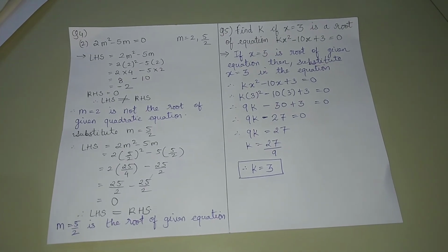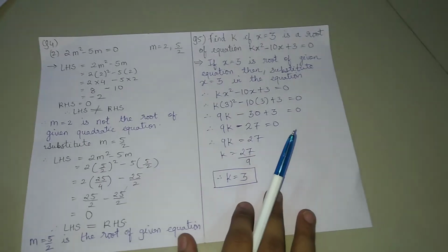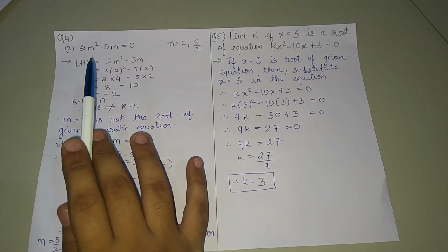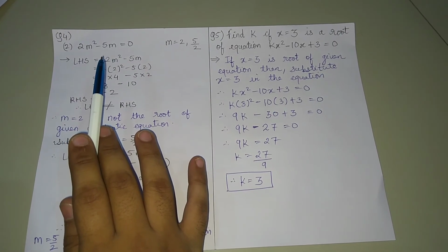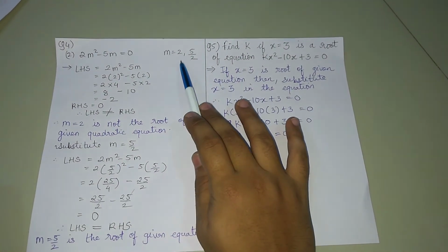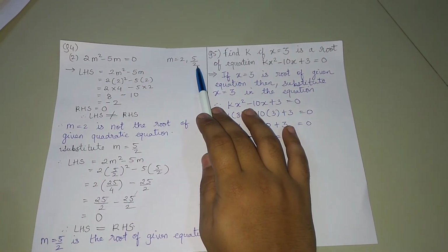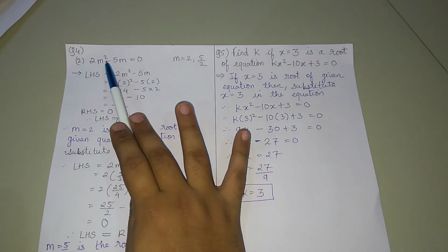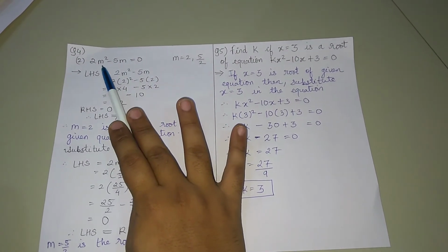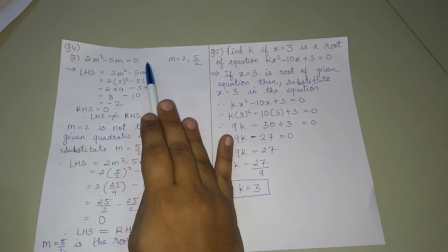Now we will take the second problem from question number 4. 2m square minus 5m is equal to 0. We have to substitute the values of m, that is 2 and minus 5 upon 2. First we will take the LHS side. This side is called the LHS and this side is called the RHS.